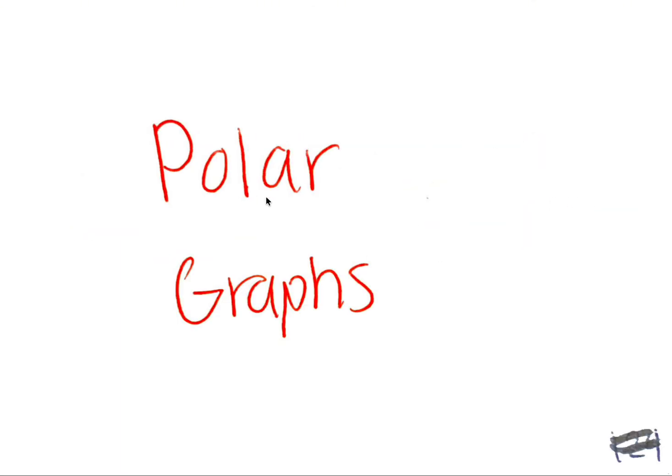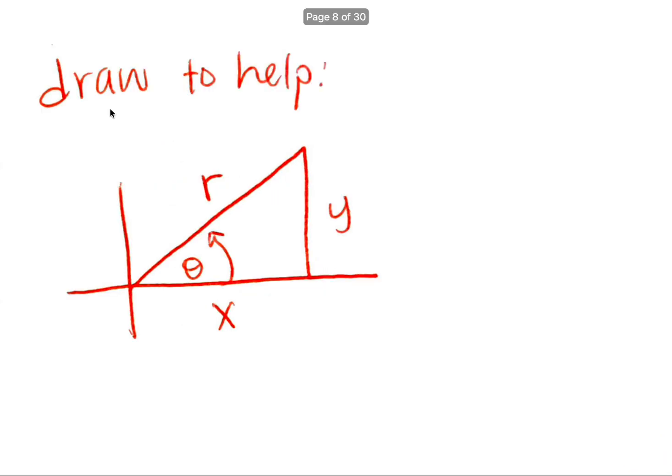Now let's take a look at some polar graphs. Whenever you need it, draw it for yourself. It will definitely help you on the test. Remember, the polar graph is different from the normal graphs we've been drawing in 2D.